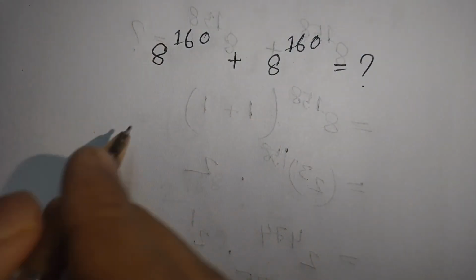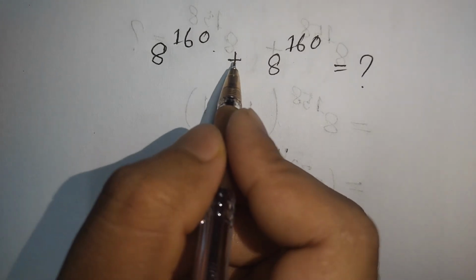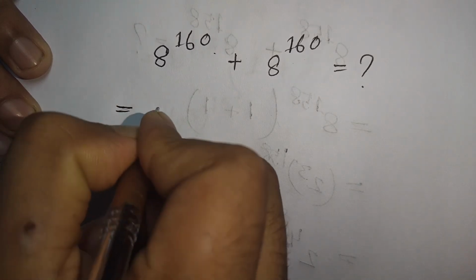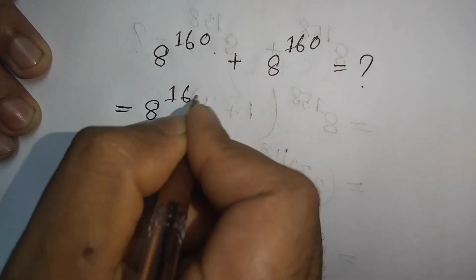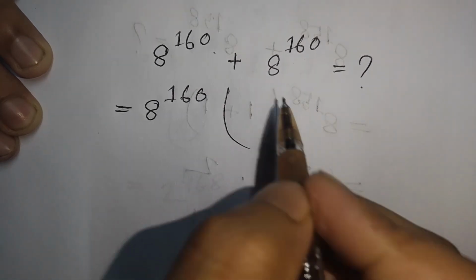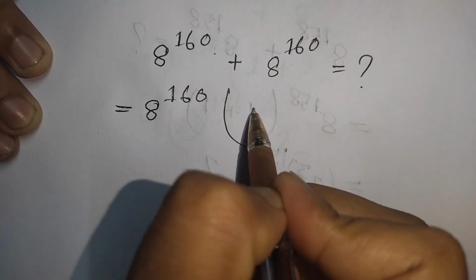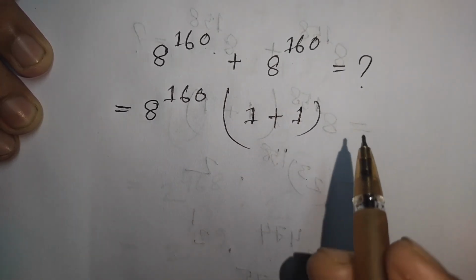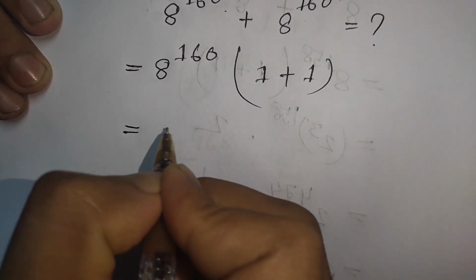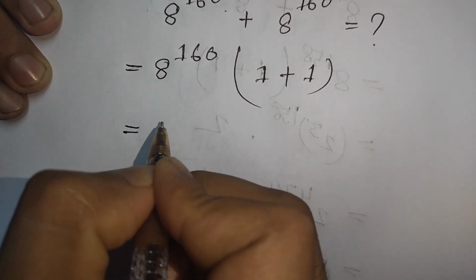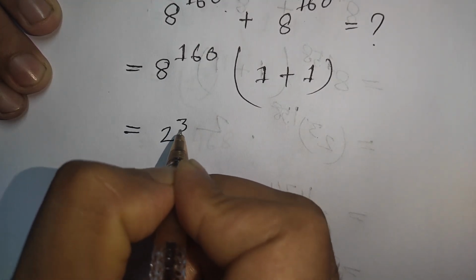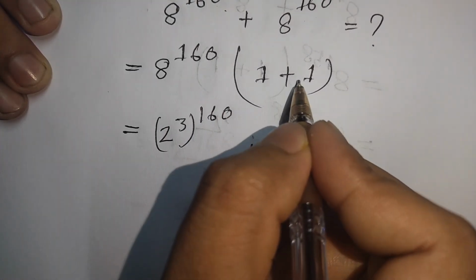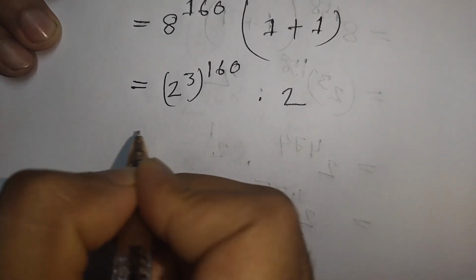So this is how to solve a to the power 160 plus a to the power 160 is equal to what? At first take common a to the power 160, first bracket start, this divided by this, that means 1, plus this divided by this, that means 1. Then a to the power 160 is the same as 2 to the power 3, bracket for 160, times 1 plus 1, that means 2.